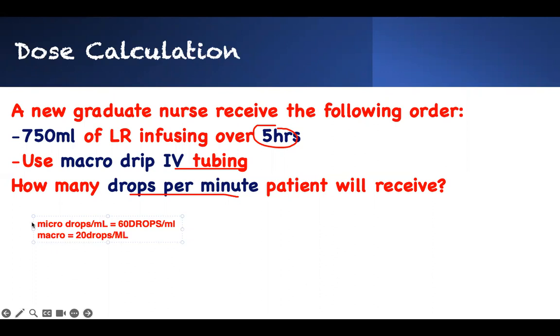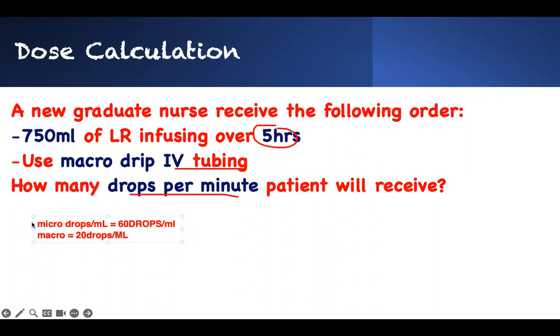Why is there a difference? The micro is used for precision. It gives you small drops, used for pediatrics, so the tubing is very precise, very small. It takes a long time for that fluid to go away, so the drops are many in a ml. But if it's a macro, it's a large bore, so the drops are fewer in a ml. So it's very confusing.